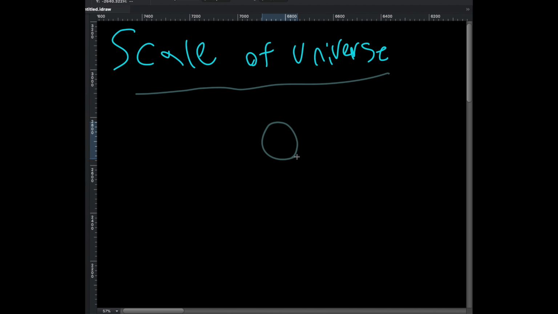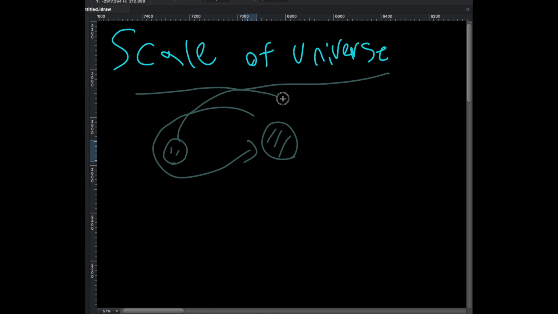So let's say that's Pluto, and this is Charon. Now the reason I've drawn them to approximately close sizes is because technically Charon is a dwarf planet, only that they're kind of orbiting each other. So like this. Anyway.